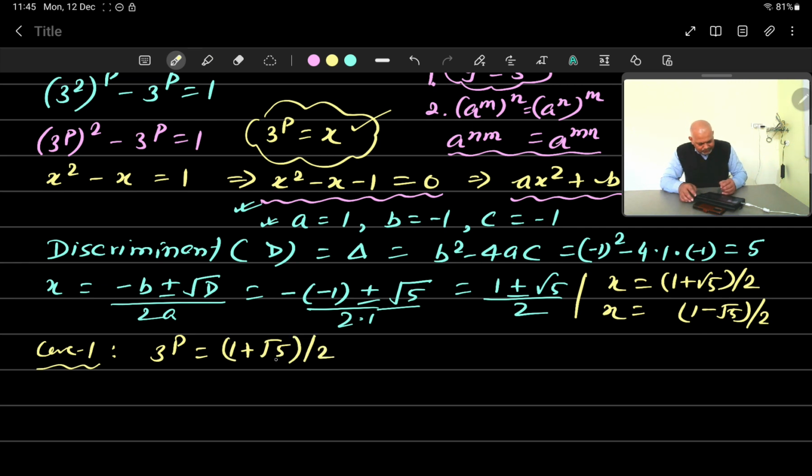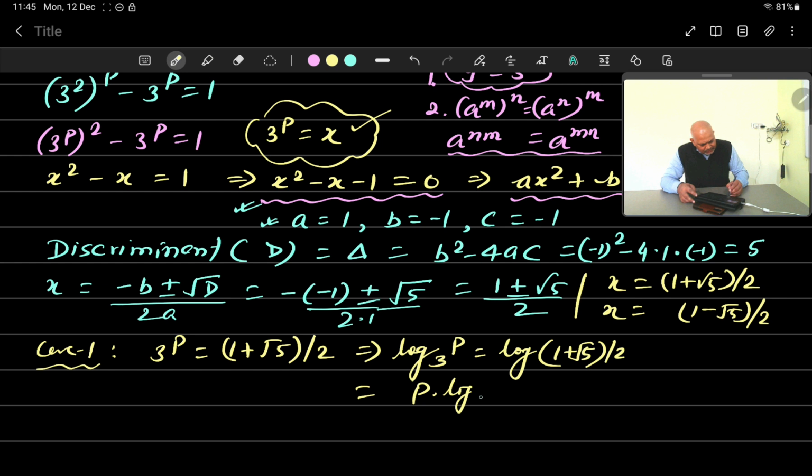To find the value of p here, we have to take logarithm. So log 3 to the power p equals log of 1 plus root 5 divided by 2. You can write p times log 3 equals log of 1 plus root 5 minus log 2.